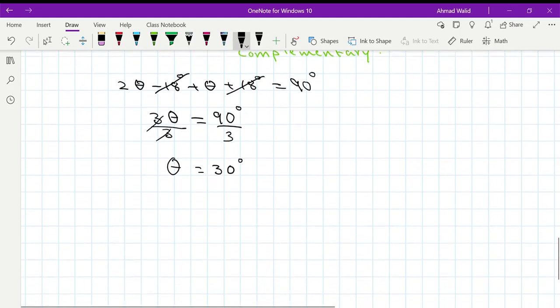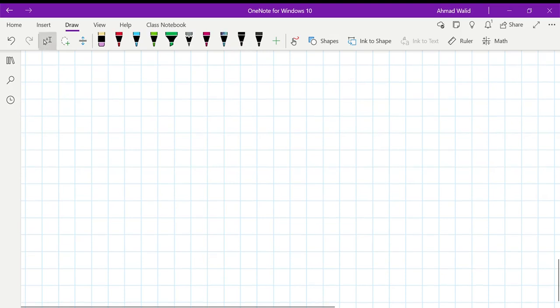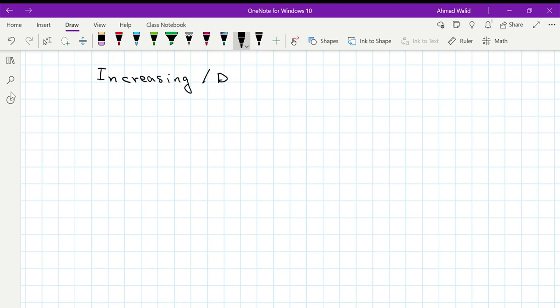The next topic that I want to discuss here, in this part of the lecture, is increasing, decreasing functions. Still we are in 2.1.